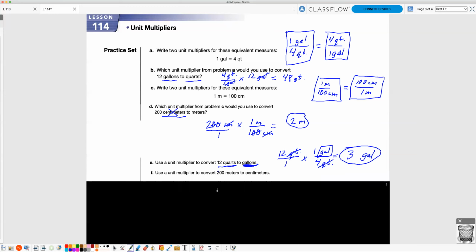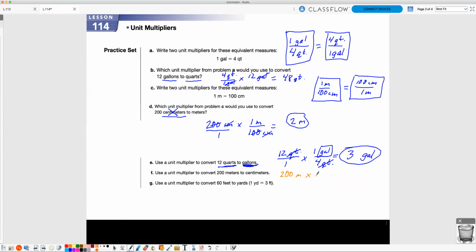Letter F, use a unit multiplier to convert 200 meters to centimeters. So let me just do that right here. If I have 200 meters and I need to convert that to centimeters, I'm going to remind myself that centimeters needs to be in the numerator.